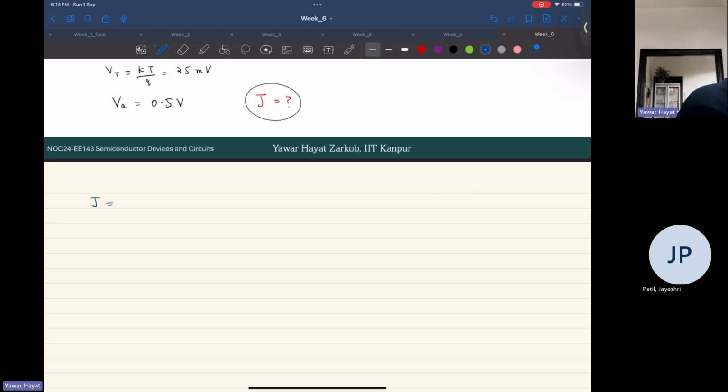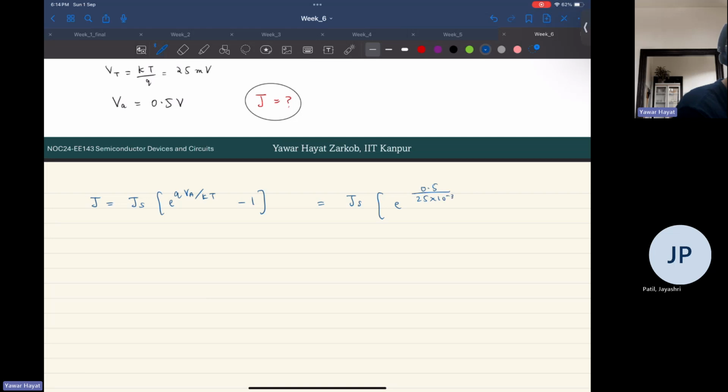You know that J is Js exponential of qVa by kT minus 1, right? This is something that we know. So if you put in the values, this would be Js times exponential of, Va is 0.5 and this kT over q is 25 into 10 to the power minus 3.